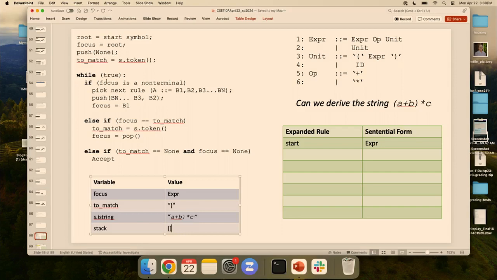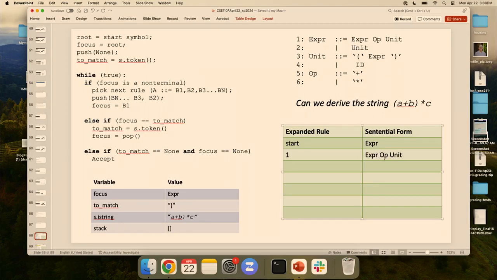Okay, so now let's go into the algorithm. Our focus is a non-terminal, so that means we need to pick our next rule. For expression, we basically get to pick 1 or 2. Like I said, for now we're assuming that this is sort of magic; we know which one we need to pick. So for the expanded rule, we're going to pick 1. This is going to be an expr op unit.